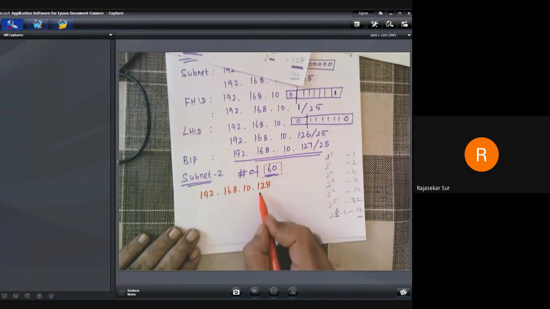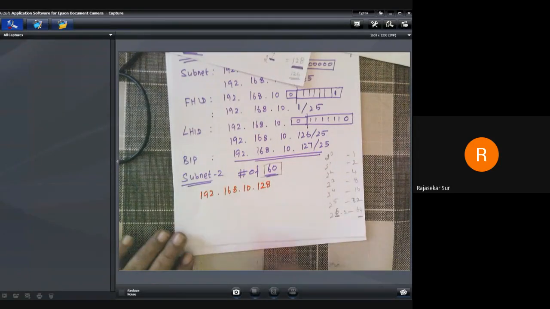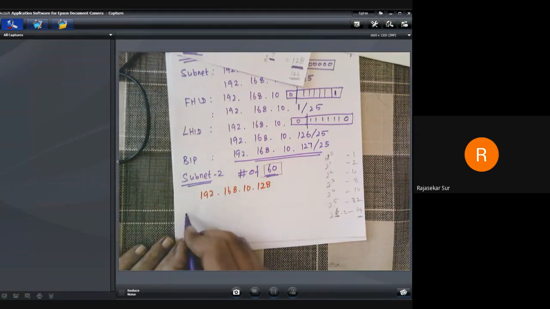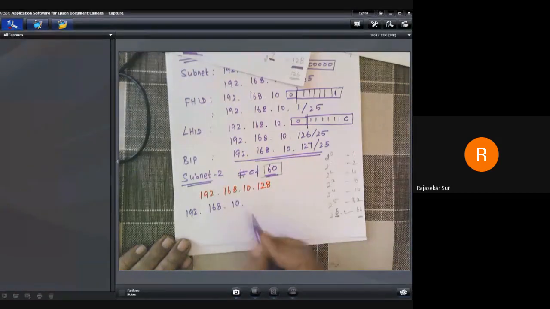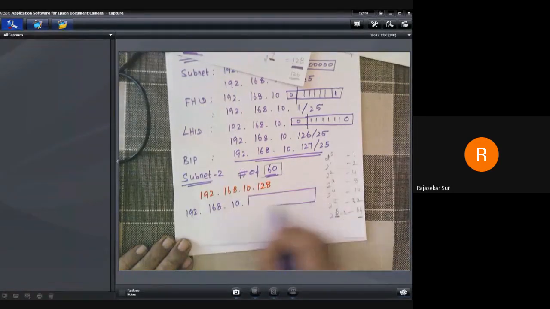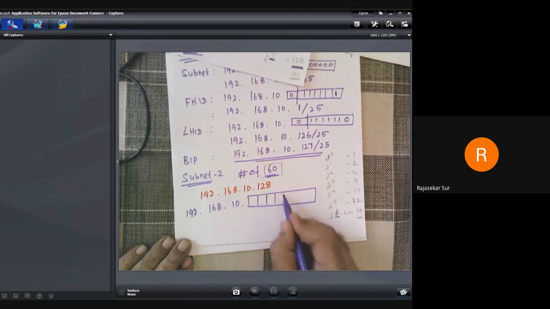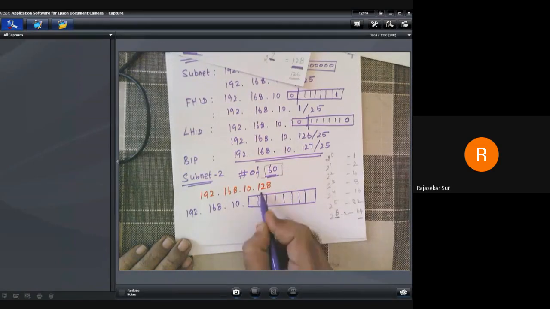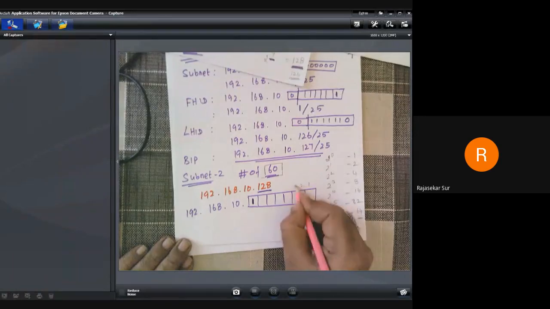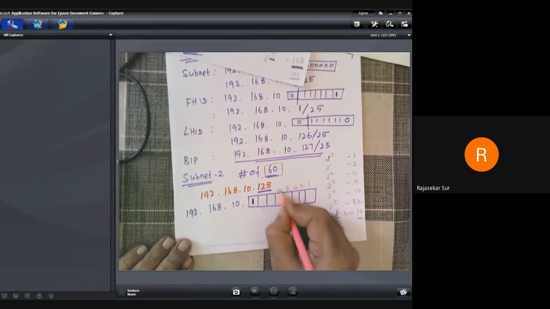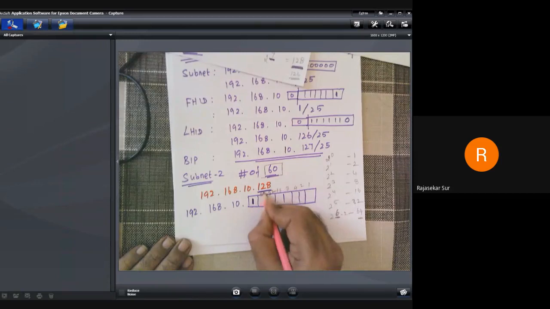Listen carefully, only a small change. 192.168.10. This is the last part. We have 8 bits. 1, 2, 3, 4, 5, 6, 7. Already 128 is available. If you apply the place value, 1, 2, 4, 8, 16, 32, 64, 128.